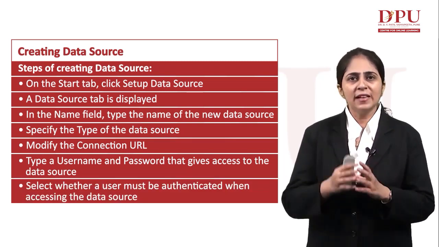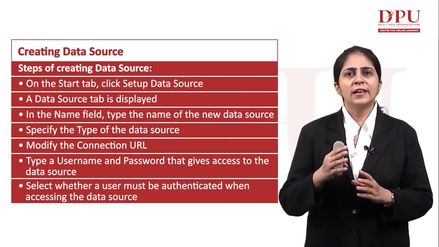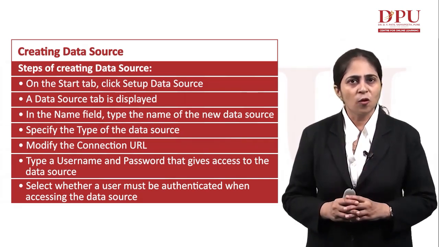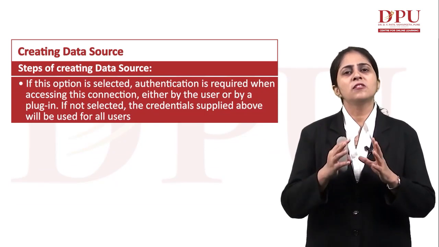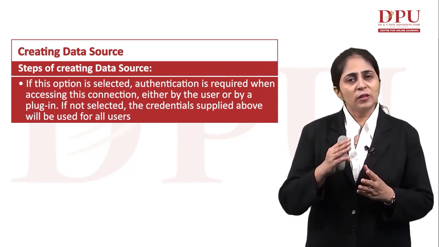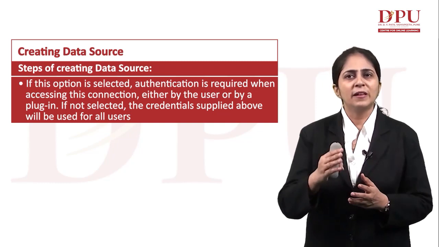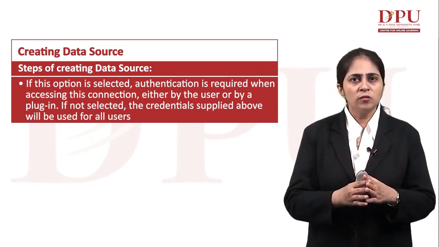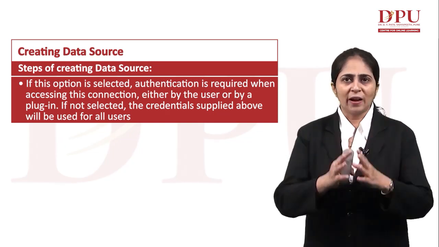After that, we have to select whether a user must be authenticated when accessing the data source. If this option is selected, authentication will be required when accessing the connection, either by the user or by a simple plugin.